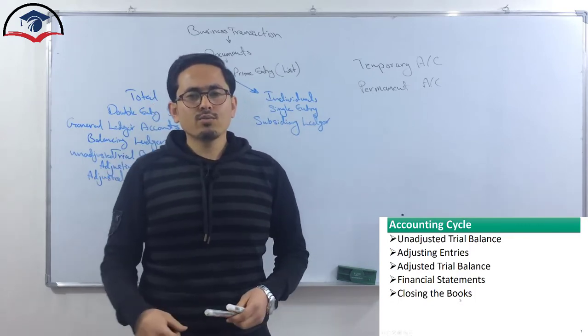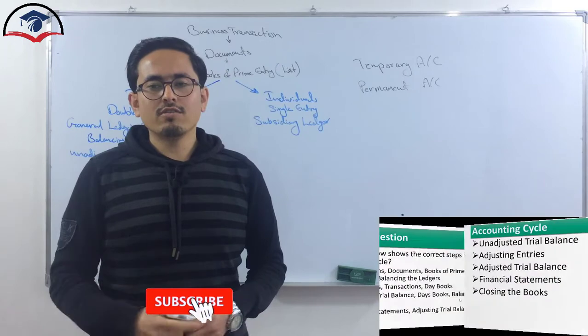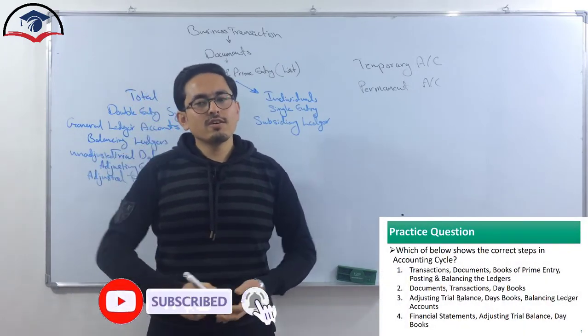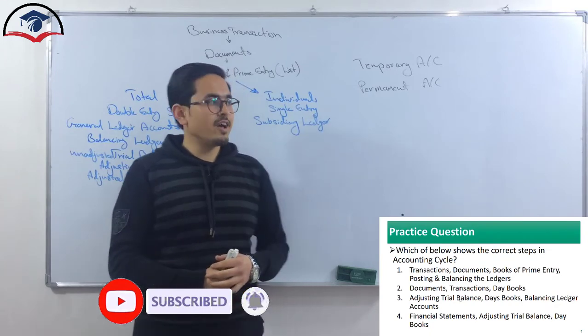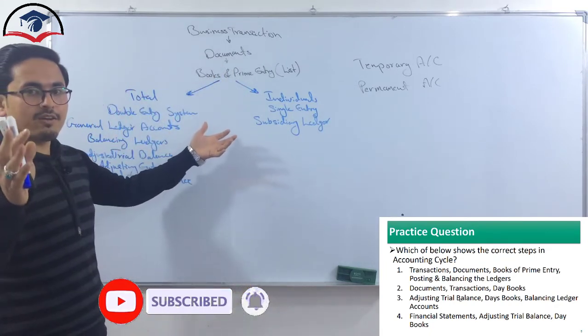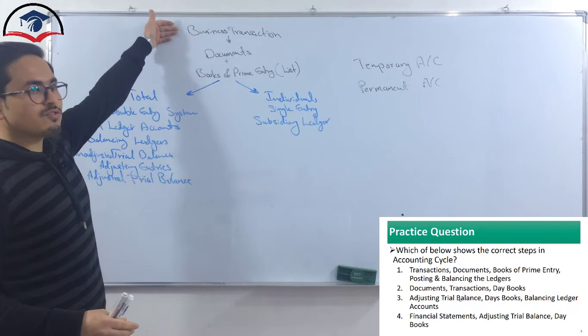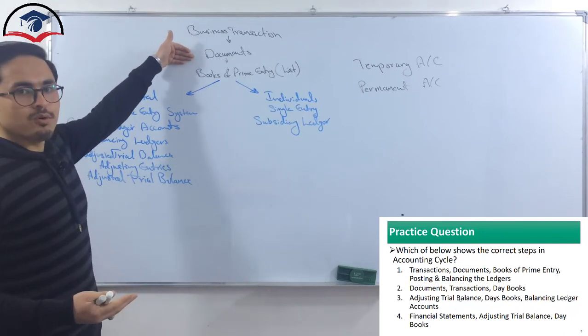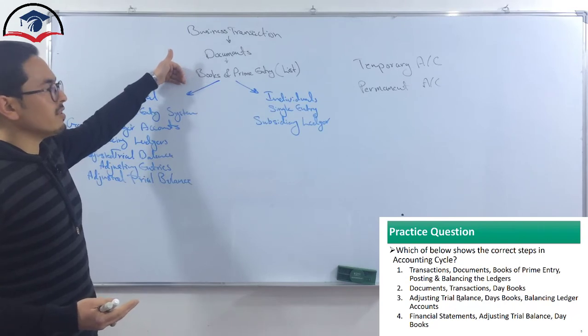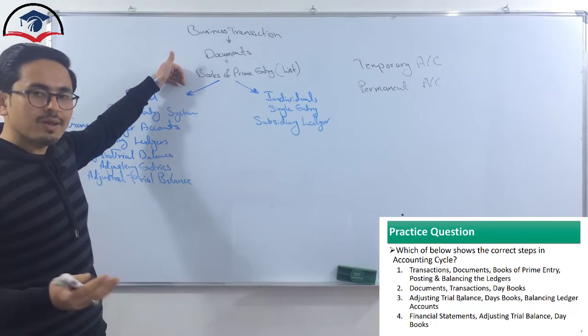Let's go to the practice question. We have a practice question as always. The practice question says, which of the below shows the correct steps in the accounting cycle? Let me clarify before going to that. The business transaction, whether there is monetary value on it, checking the supporting documents, and you will record that in day books, simply a list.